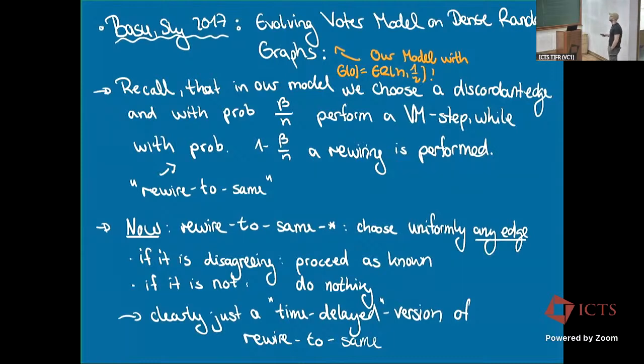Now what we are considering, where the duality comes into play, is a time-delayed version of that process, the rewire-to-same-star version, where you just choose an edge uniformly. If it's disagreeing, then you do what it is known to do: with probability beta over n, perform a voter model step, and with the other probability, perform a rewiring. But if it's an agreeing edge, you don't do anything. And this is just a time-delayed version of our process, right?